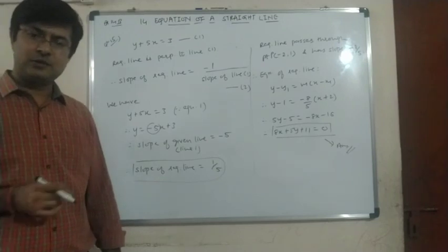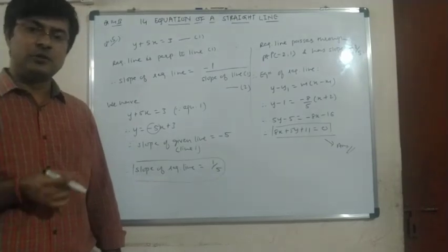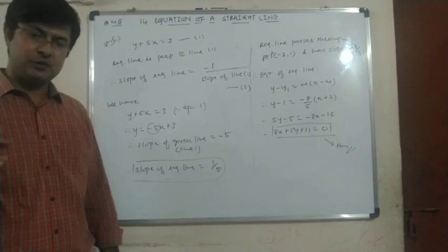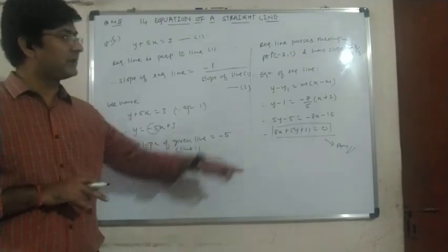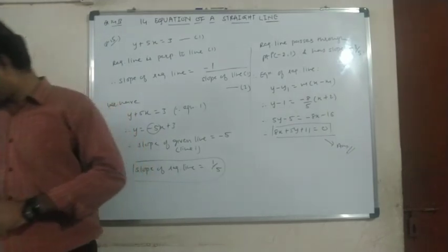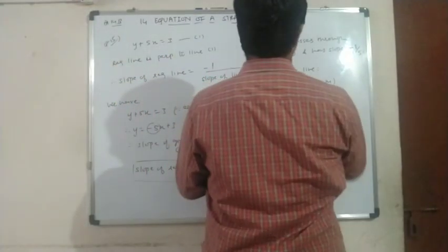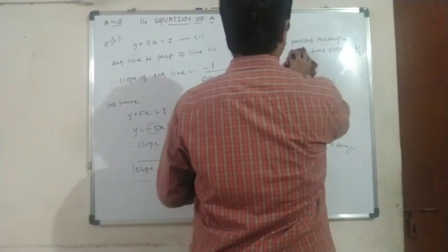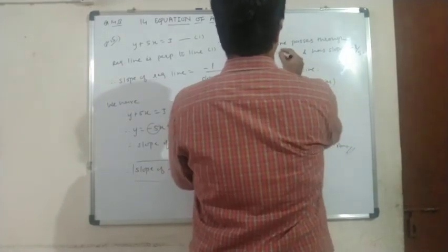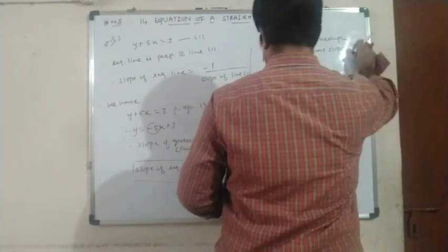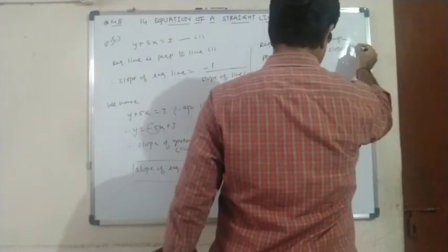So the origin has the coordinates 0, 0. So now you have one point, 0, 0, and the slope. So we can again use the point slope formula to frame the equation of the required line. Now the required line passes through the origin, that is 0, 0, and has slope 1 upon 5.